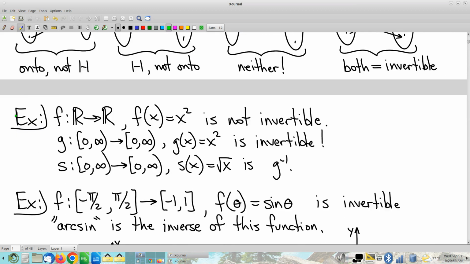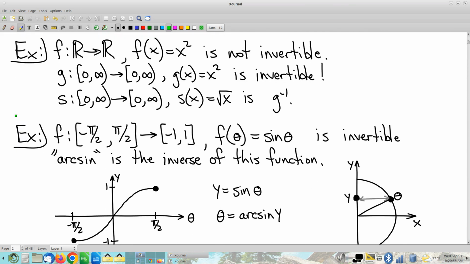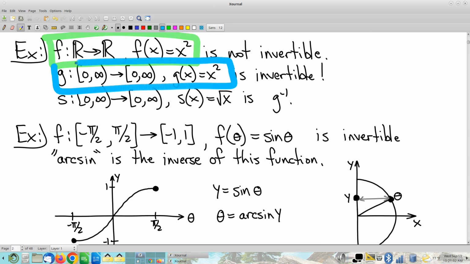But what we found is that it's very important to see these distinctions because while these two functions look the same, I mean, come on, they're both x squared, right? Who cares, right?